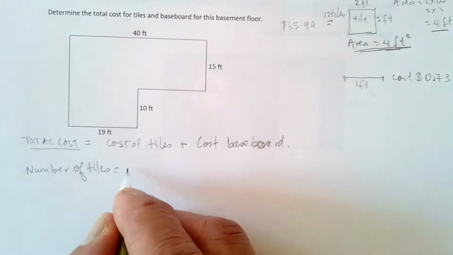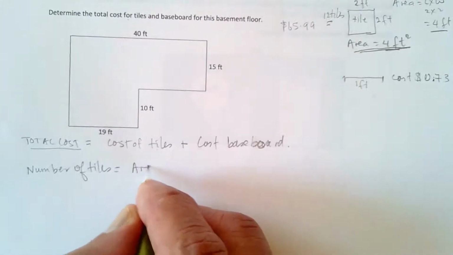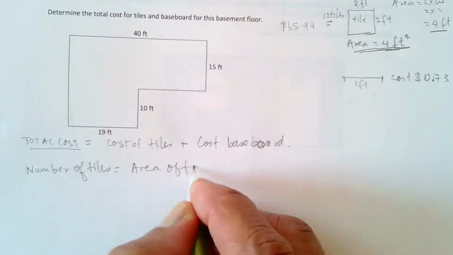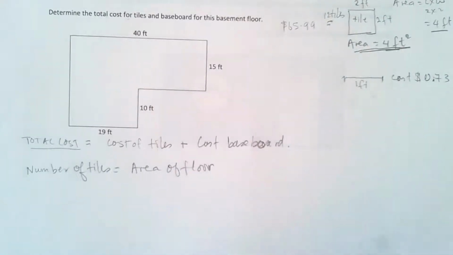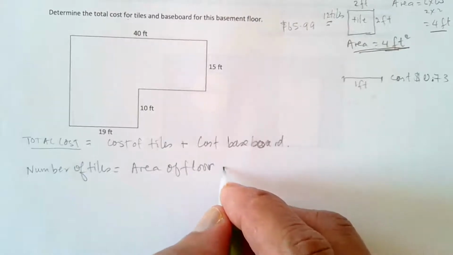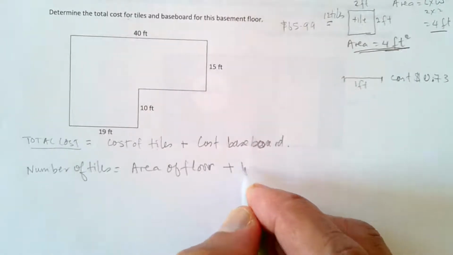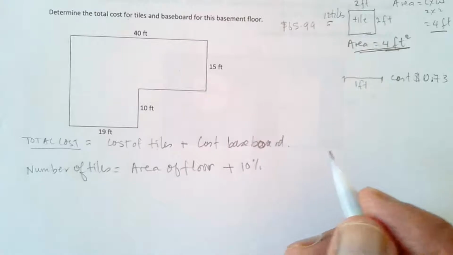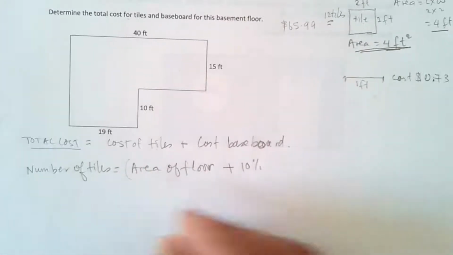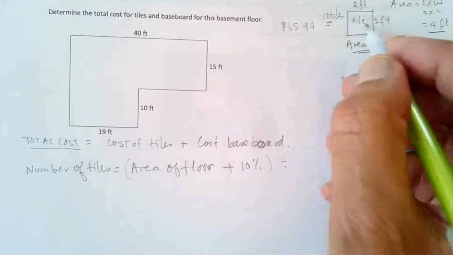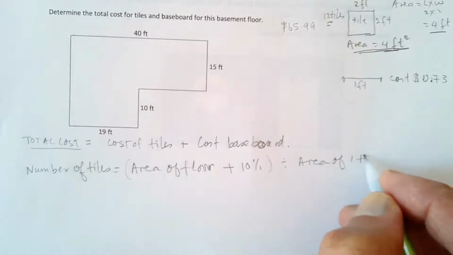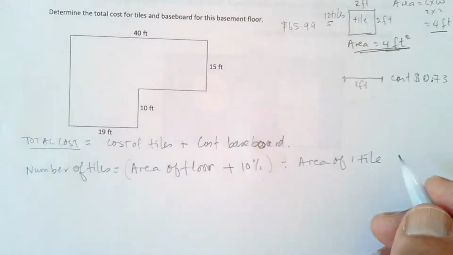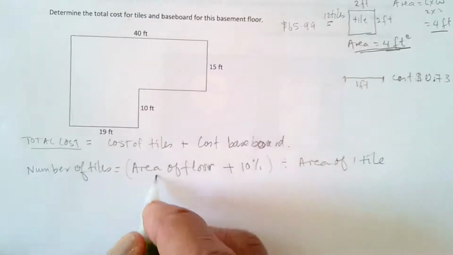So the number of tiles will be the area of the floor plus 10%, divided by the area of one tile. So let's find the area of the floor.